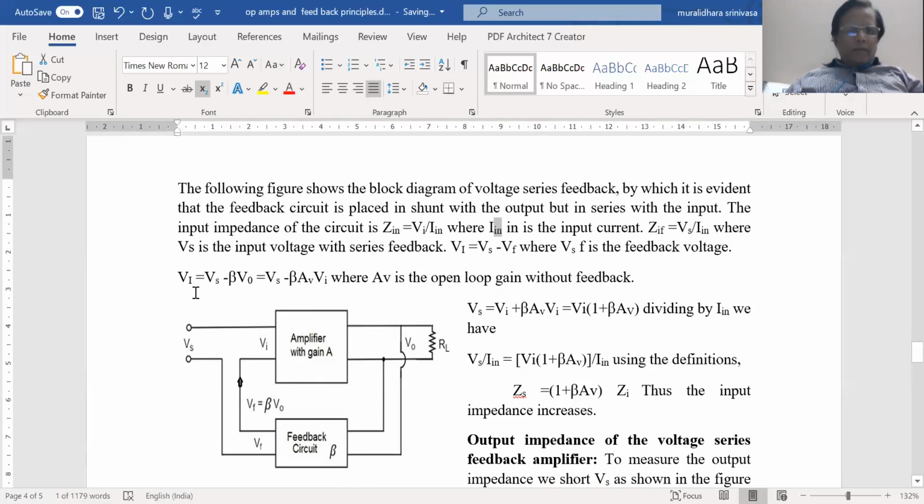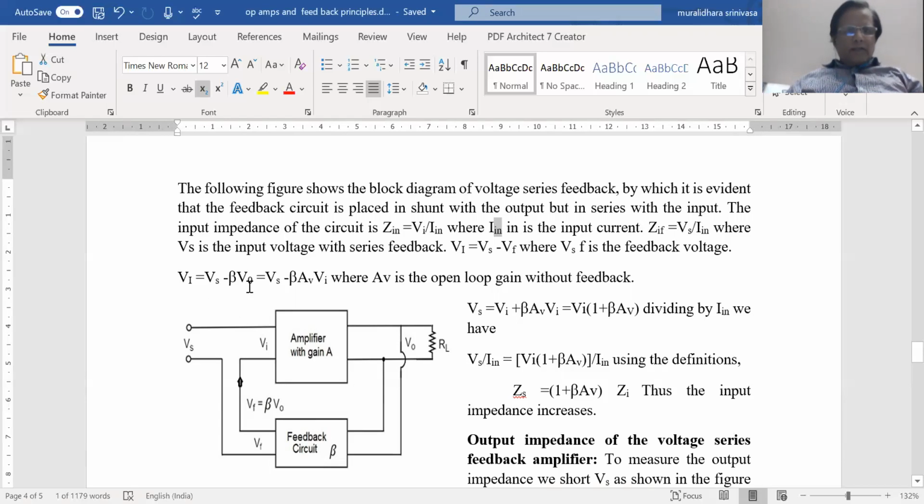Zin originally is Vi by In. Zin after feedback now becomes Vs by In. Now Vi is equal to Vs minus beta V naught, because beta V naught is the part of the output voltage that is returned to the input, and whatever Vs is now being seen by the input should be equal to Vi.